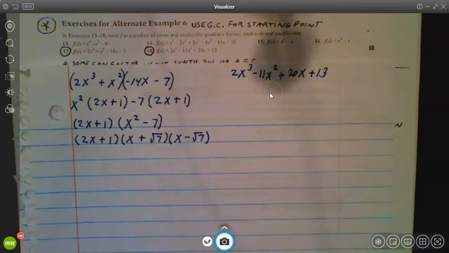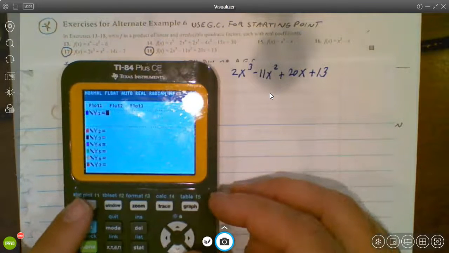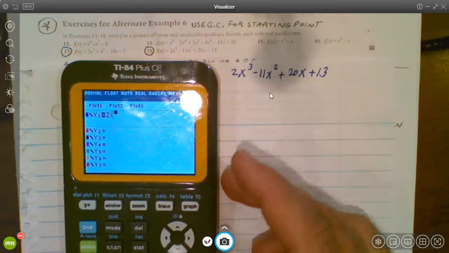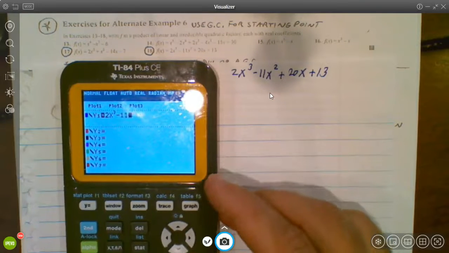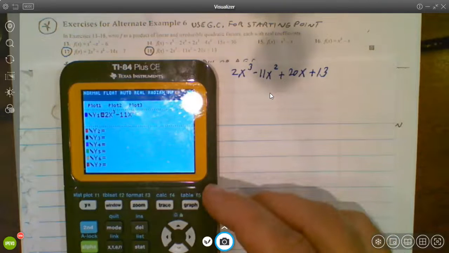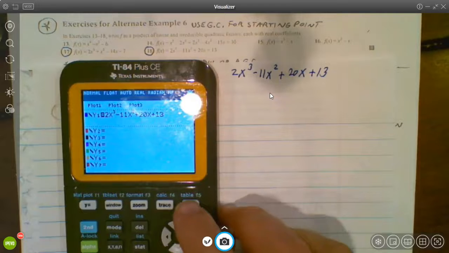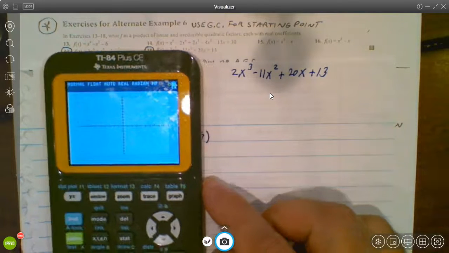So I'm going to have to go through graphing and synthetic division to make this work. So I'm going to throw that into the graph real quick. Let's go ahead and graph it.